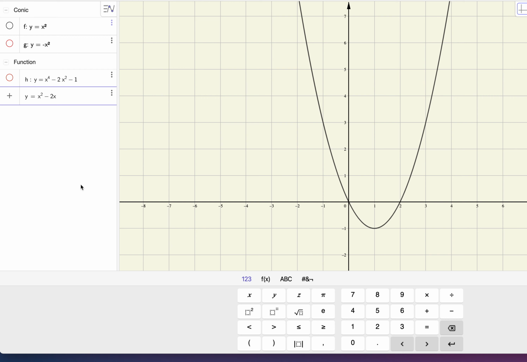What is the minimum value? Minus 1. The lowest height of the graph is the minimum value. Gustav answered where the minimum occurs. These are two different things, okay?